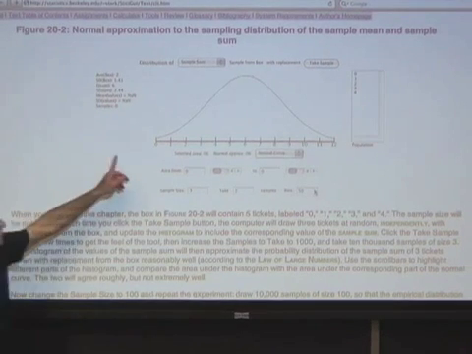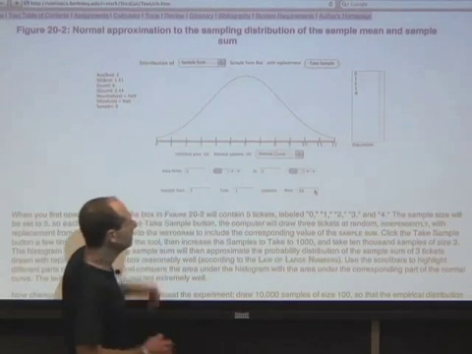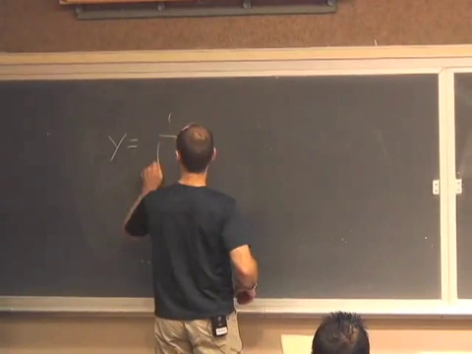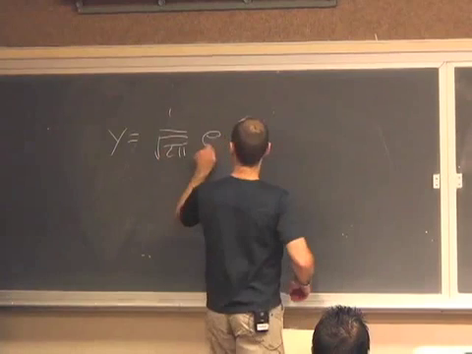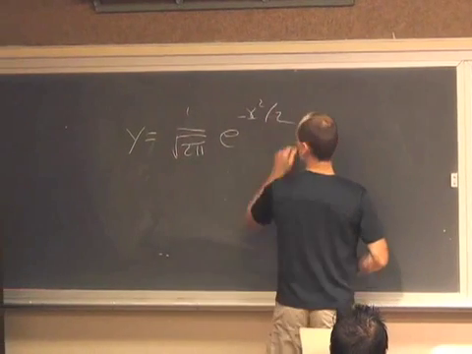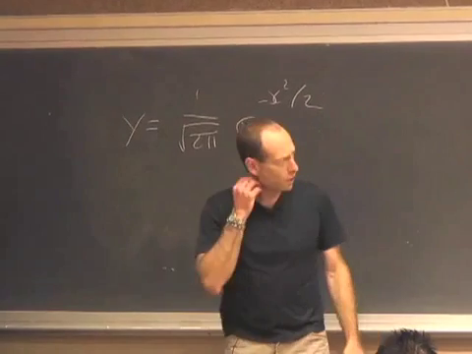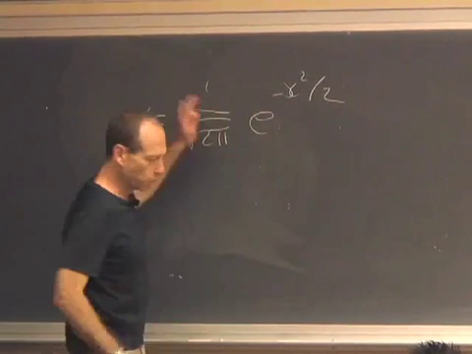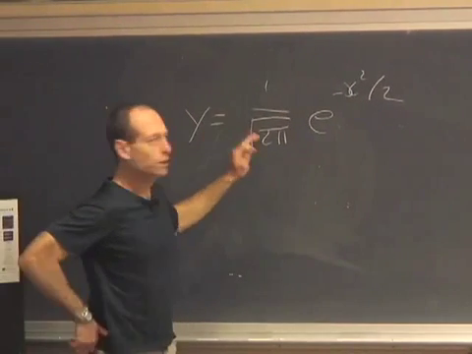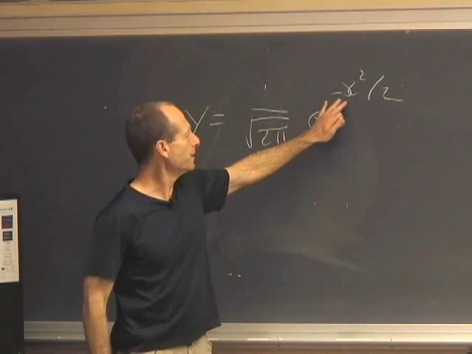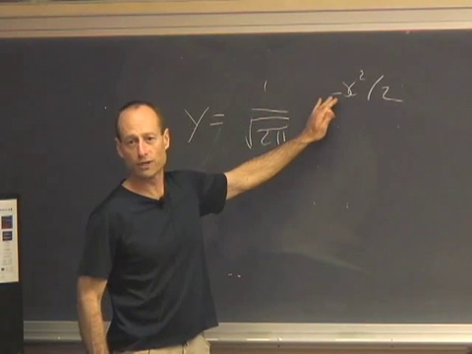So this curve here is the normal curve, and it has the equation y is equal to 1 over the square root of 2 pi, times e to the minus x squared over 2. I don't care whether you memorize this or not, but what I want you to recognize is how it depends on x. It depends on x only through the value of x squared.